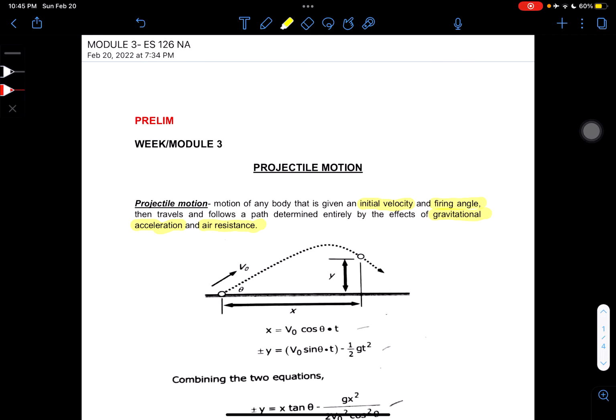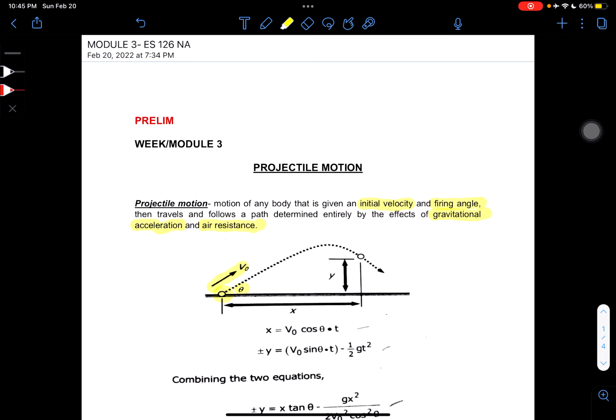So we have here in our diagram a body or object and it has an initial velocity, and we have a firing angle, this angle theta. Then our body travels and follows a path.